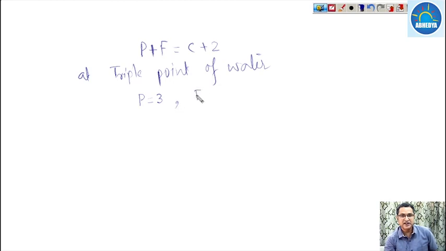How much degree of freedom, meaning how many independent variables are required to define it, we have to find out. What is the number of constituents? Water 2, that is steam and ice, that is 1 and 2, and 2 is your 2. So F becomes 2 plus 2 minus 3.